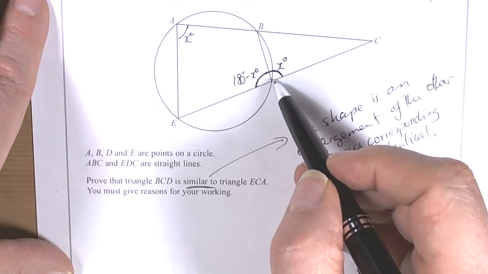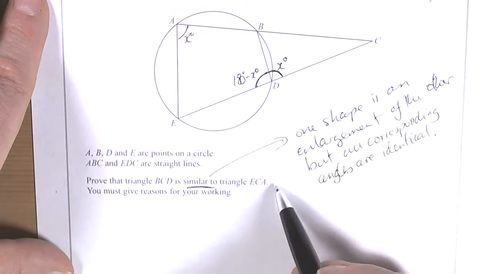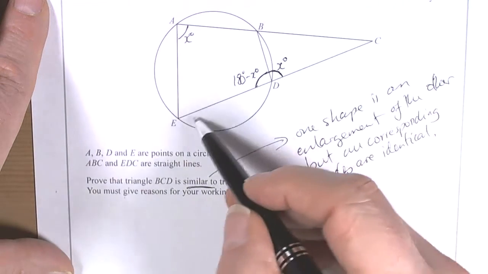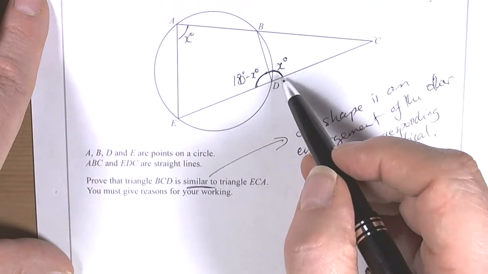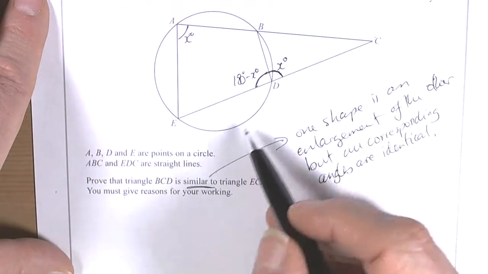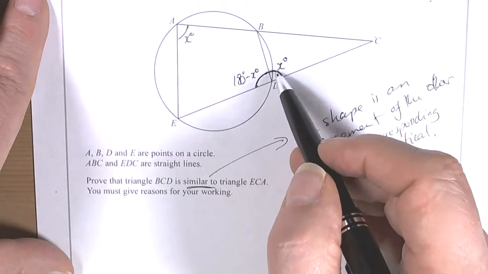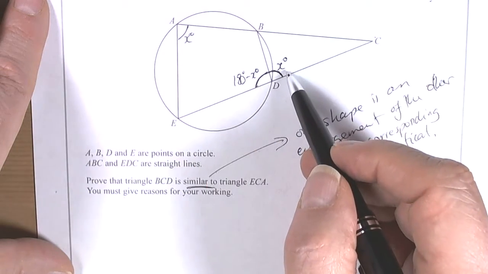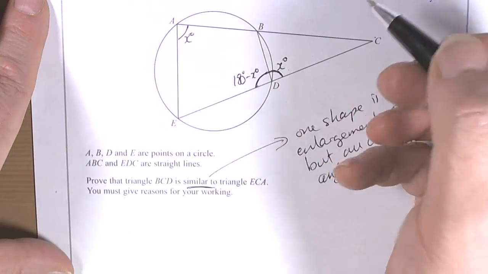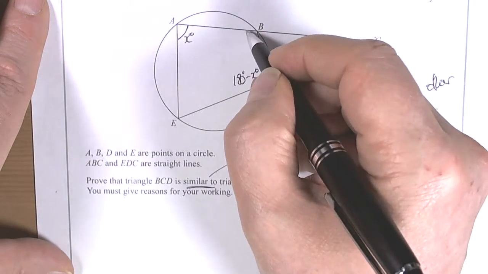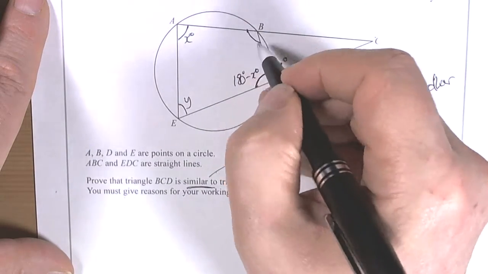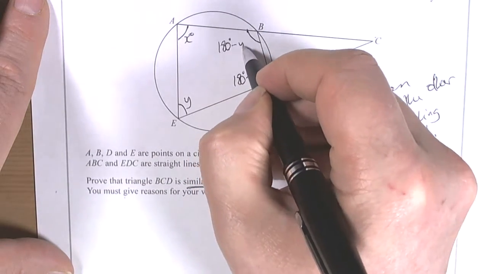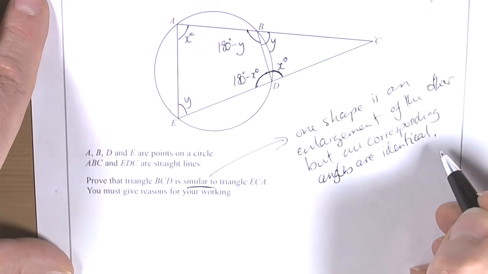And because we've got this idea that we're working with triangle ECA, and we've got the triangle BCD, so we've got two triangles with x in it. Okay, so if I decide to call this y, then this must be 180 degrees minus y, so therefore this must also be y.